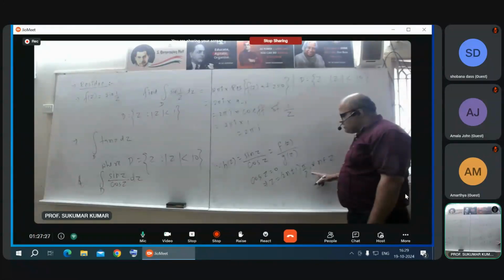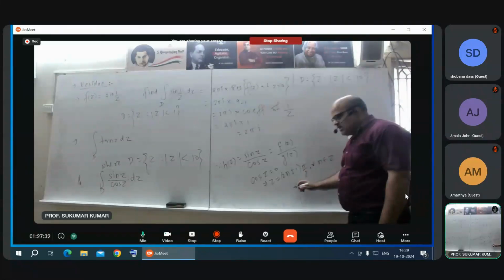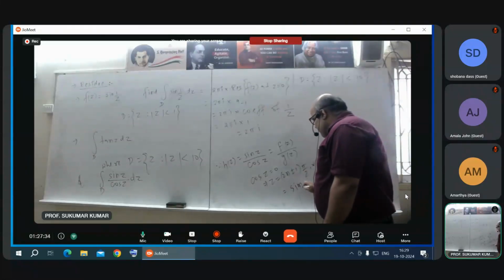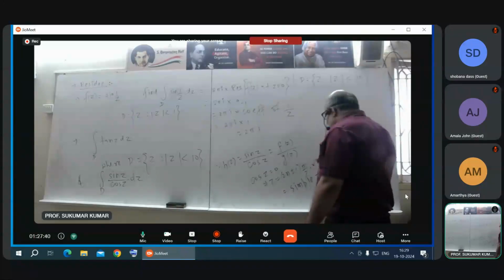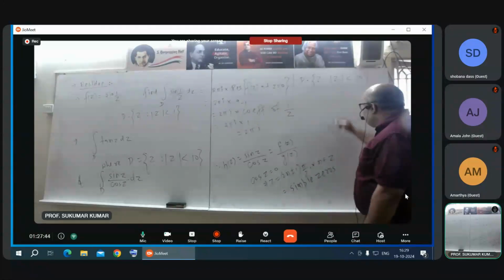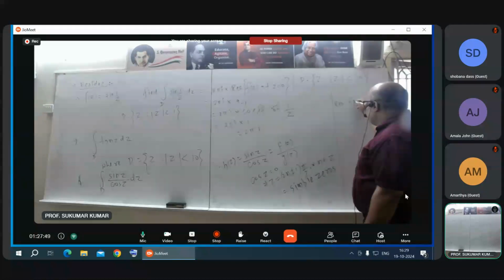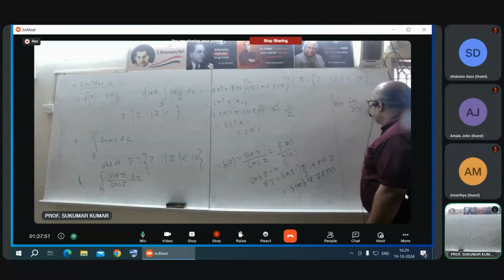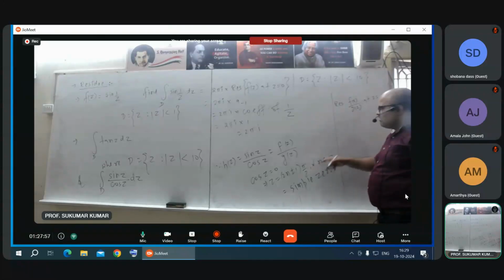So these points are zeros of cos z, and simple zeros also, correct? All are simple zeros. g dash of z not equal to 0 at these points. Simple zeros for all, correct? Then what will the residue be? Residue of f of z by g of z at z is equal to a, a meaning these points.